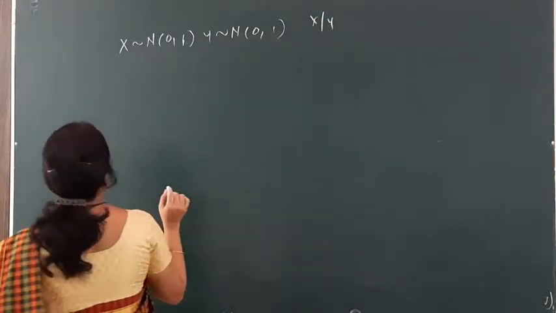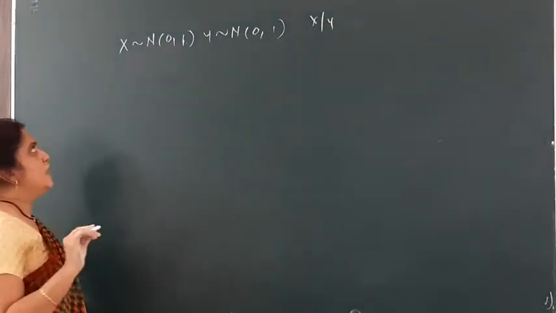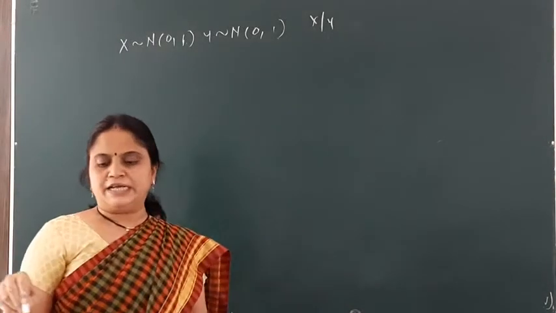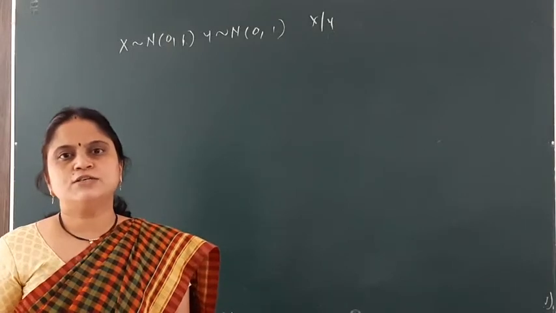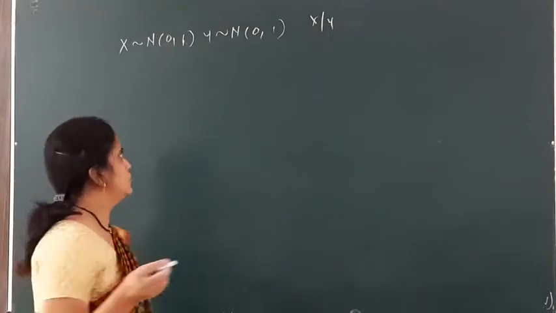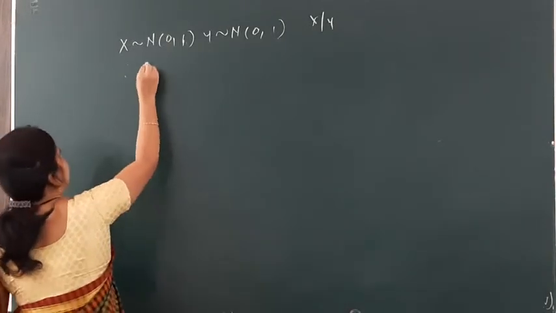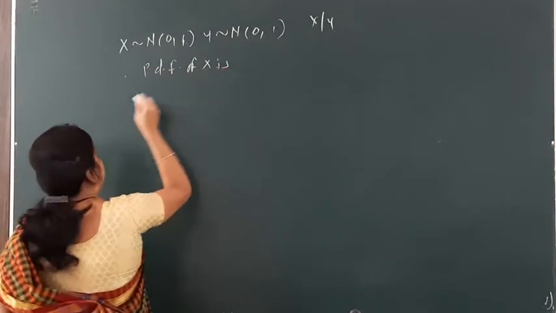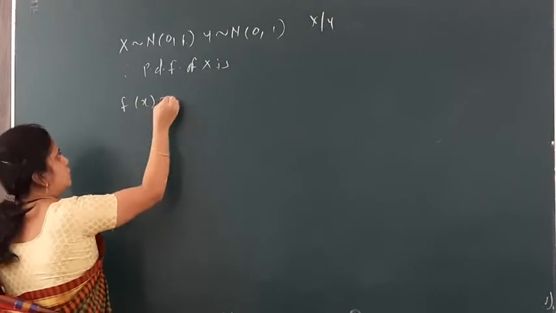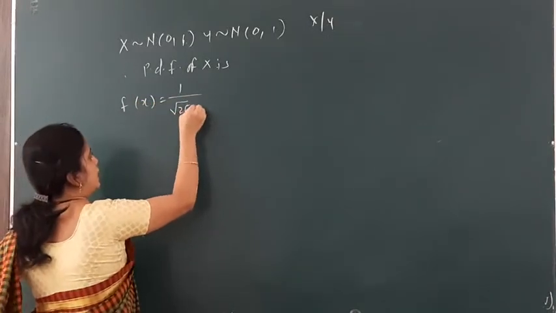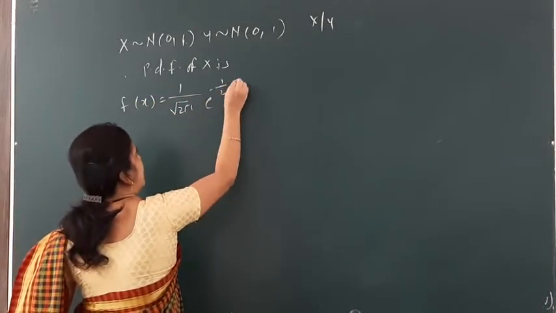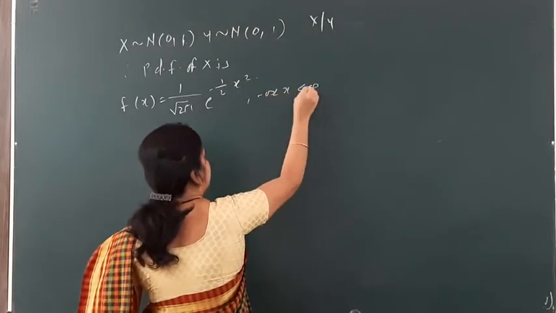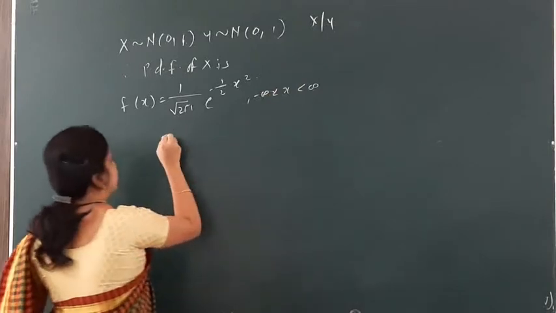Let me write first of all what is given to me. I have been given that x follows normal 0 1. So you know the PDF of normal 0 1, that is standard normal distribution. Therefore PDF of x is fx equal to 1 divided by root 2 pi e raised to minus half x square, for the range of x minus infinity to infinity, and equal to 0 otherwise.